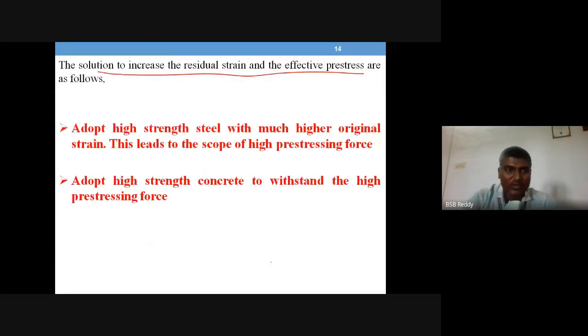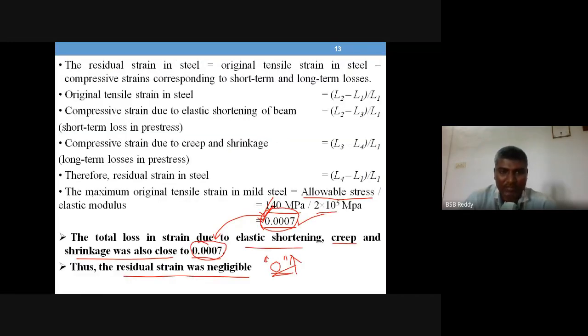So to do that, what you need is high strength steel. Mild steel is not sufficient, because the maximum strain of mild steel that you can induce is only this much, 0.0007, because the allowable stress is fixed for this.